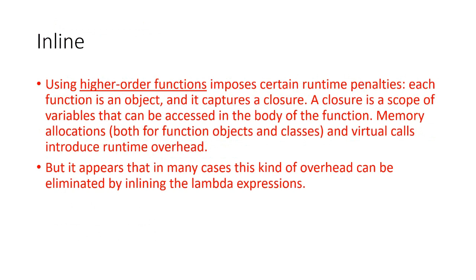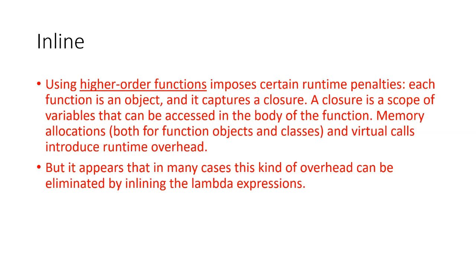A higher-order function imposes certain runtime penalties, because whenever we use it, each function is an object and it captures a closure. That means it is a scope of variables that can be accessed in the body of the function. If there are many variables or something complex, there are memory allocations for the function and the classes or objects, and virtual calls, which introduce runtime overhead.